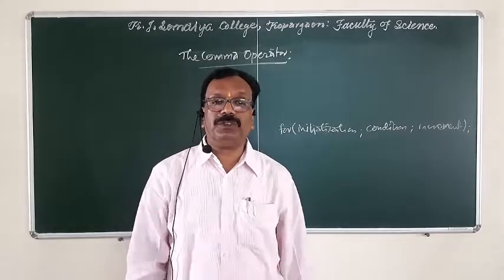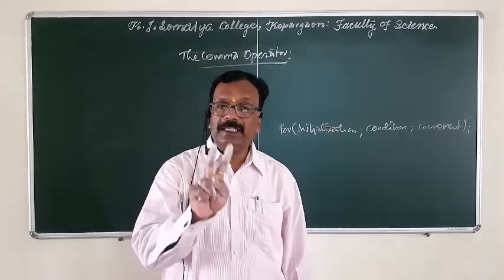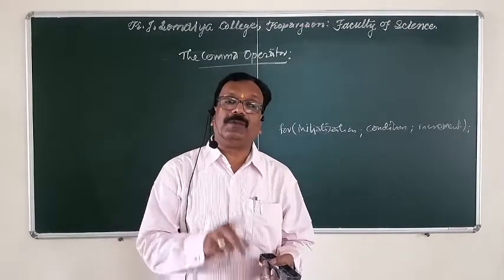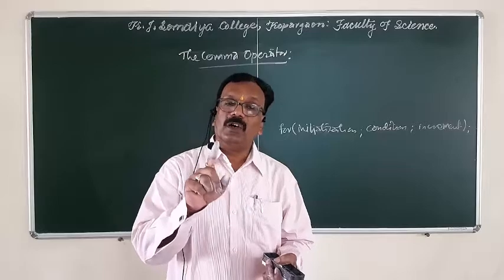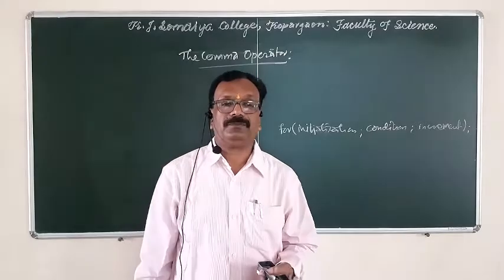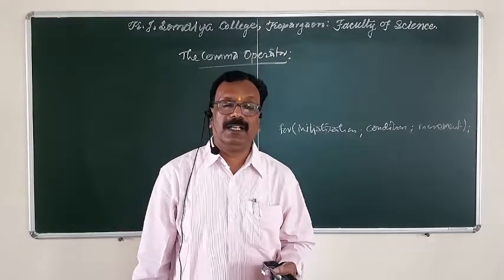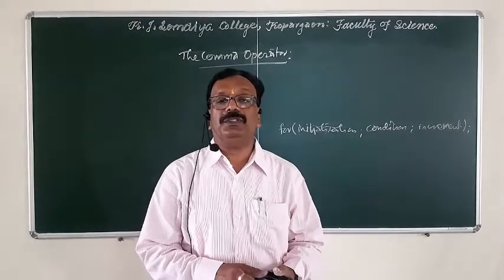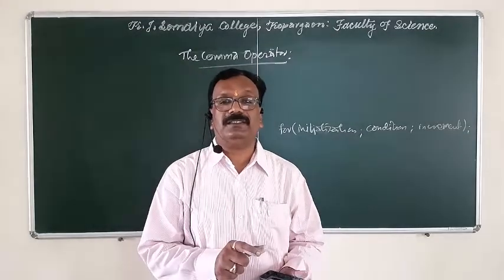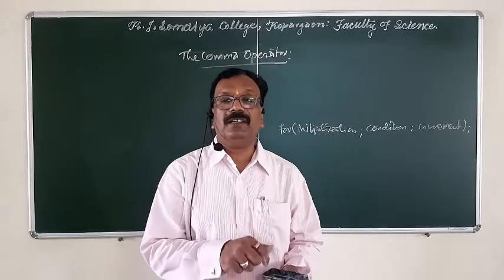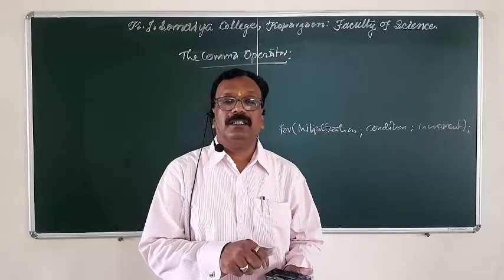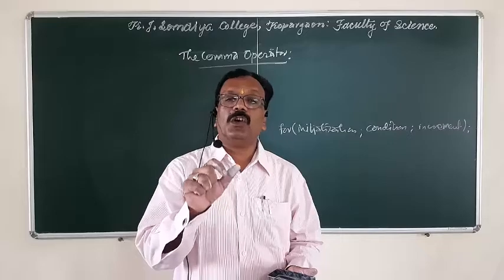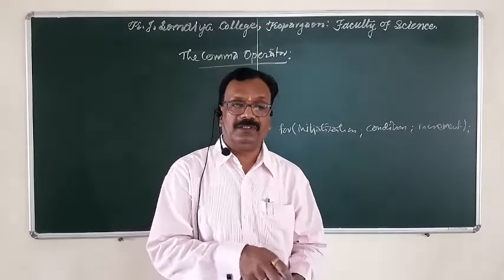This operator allows two different expressions to appear in a situation where one expression would ordinarily be used. What do I say? The comma operator allows two different expressions to appear in a situation where one expression would ordinarily be used.